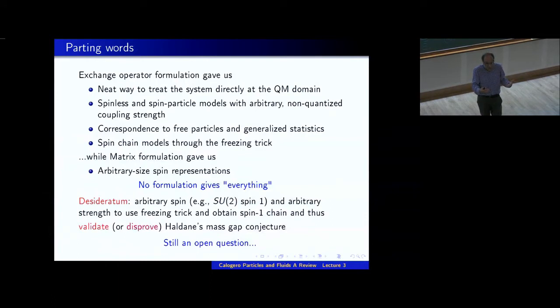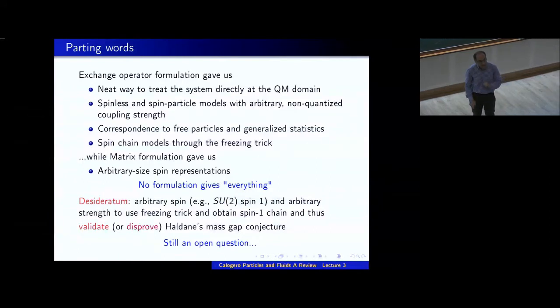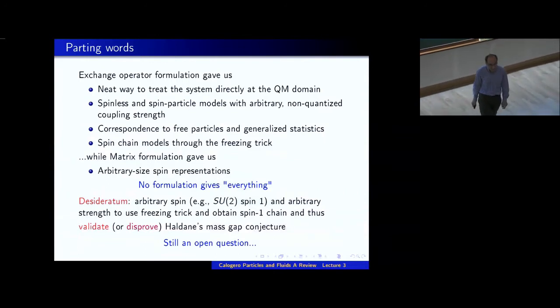So you can choose to view it as an SU2 model with a nonlinear interaction, but it has a hidden symmetry, which is SU3, and in SU3 it becomes an exchange spin interaction. I would like something that is strictly of the Heisenberg type with higher spins, because that's where the Haldane mass gap theorem would apply. It is an open problem, yes.